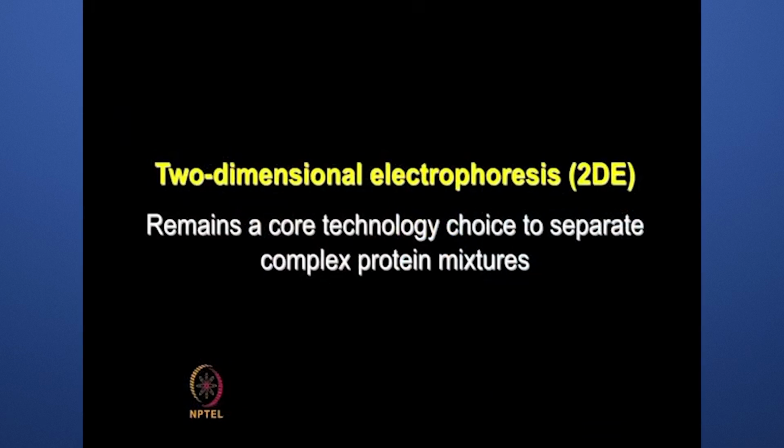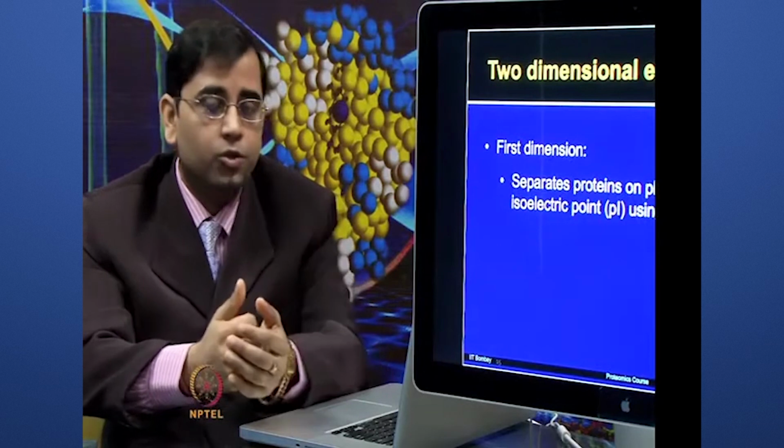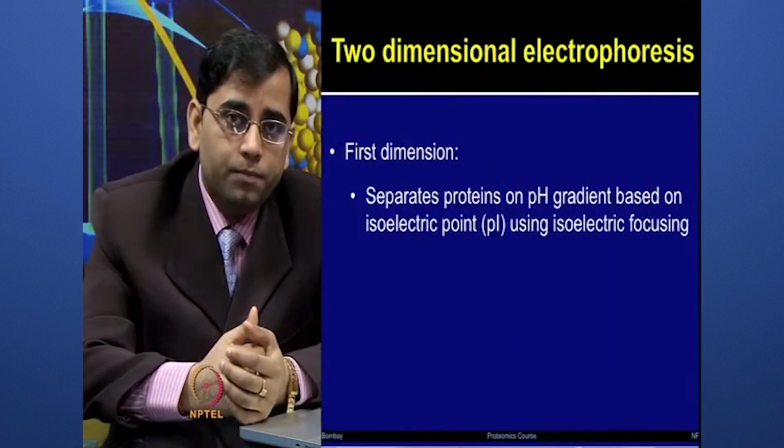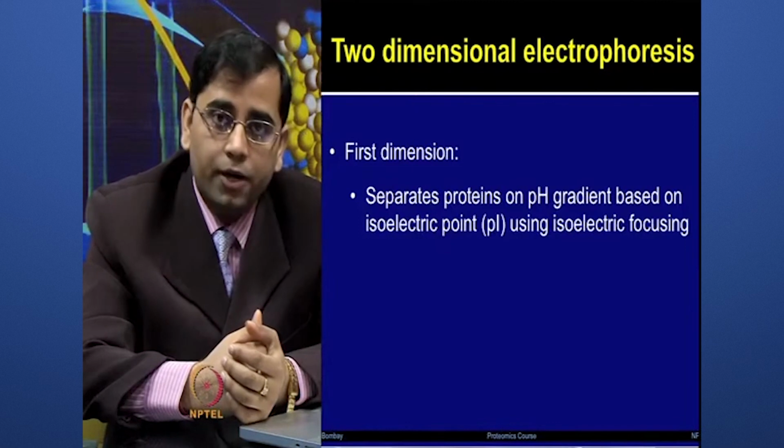So in this discussion, I am trying to convey the fact that from 1975 till date, 2D electrophoresis has seen a lot of criticism and appreciation of the technology, but still till date it remains one of the core technologies to separate very complex protein mixtures, and thousands of publications provide very good evidence for this technology being widely used.